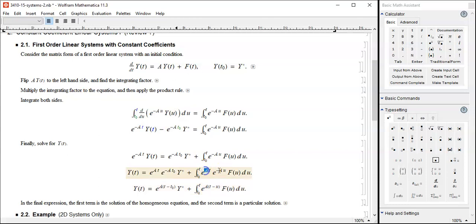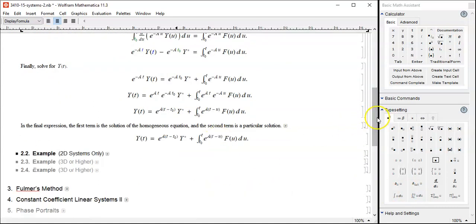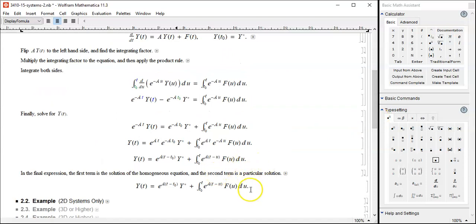Again, the same thing. A and negative A are commutative, so we can combine those into a single exponent, and we can get that. And finally, we got this derivation. And that's the solution formula here.